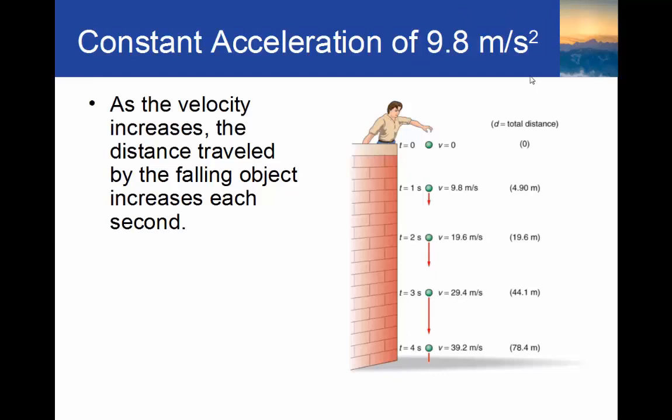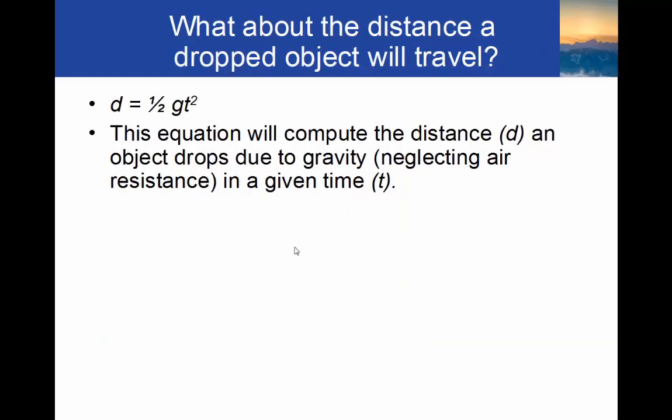And so basically the object speeds up, speeds up, speeds up. Also means it travels a greater distance for each second that it falls. And so the distance that a dropped object travels is given by d equals 1/2 g t squared.